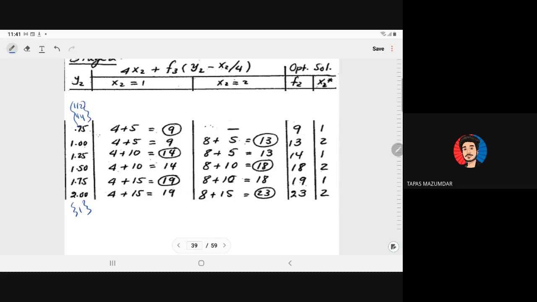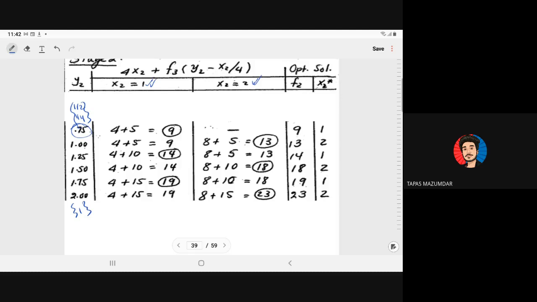That's why the minimum is 0.75. So 0.75, 1, 1.25, 1.50, 1.75, and maximum 2. And we know that X2 can take a minimum value of 1 because at least one item requires a first aid kit. X2 is the first aid kit, and maximum 2 you require. So we take X2 equal to 1 and X2 equal to 2, and the corresponding values we are writing here.